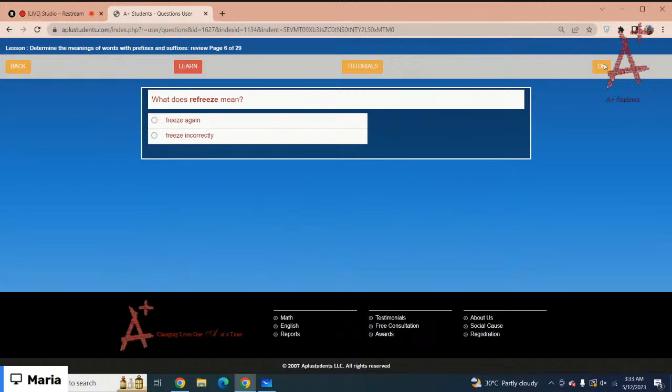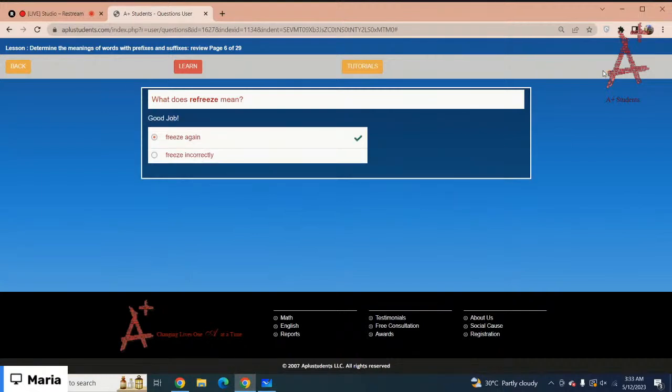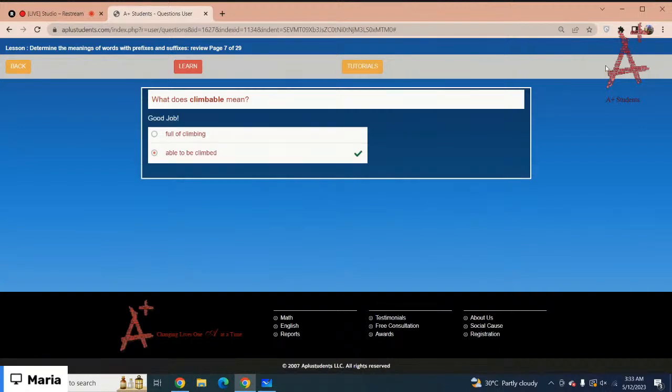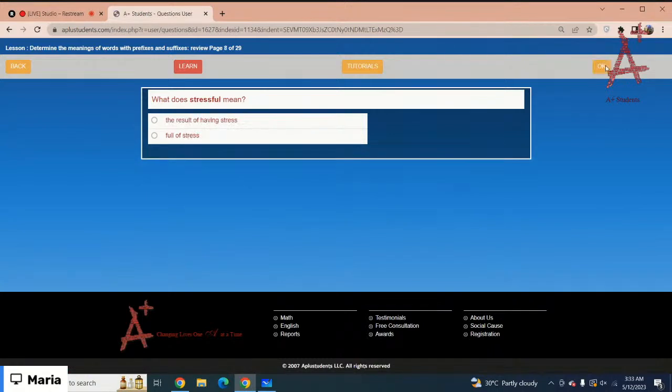Refreeze means freeze again. Re means again. So refreeze means freeze again. What does climbable mean? Able to be climbed. What does stressful mean?